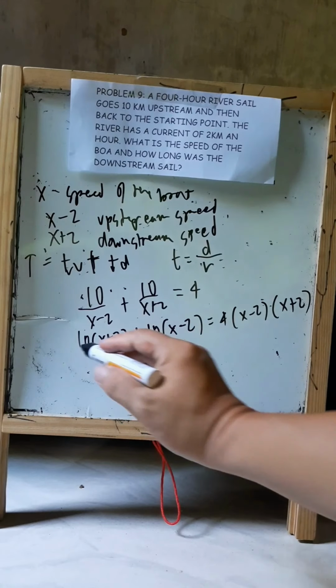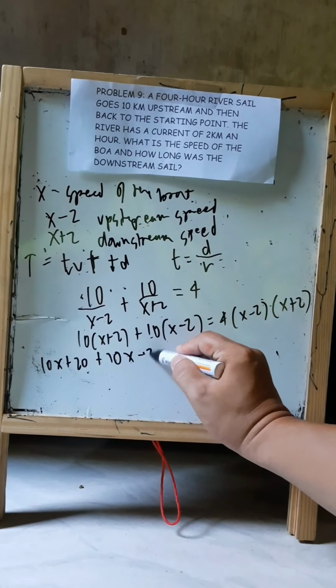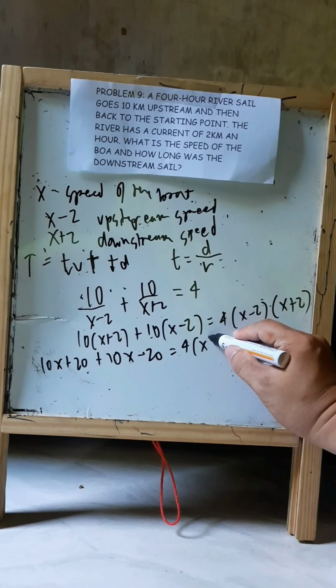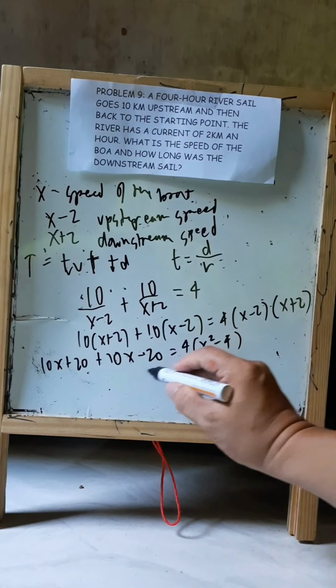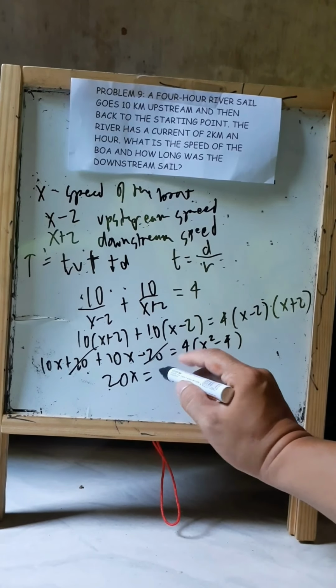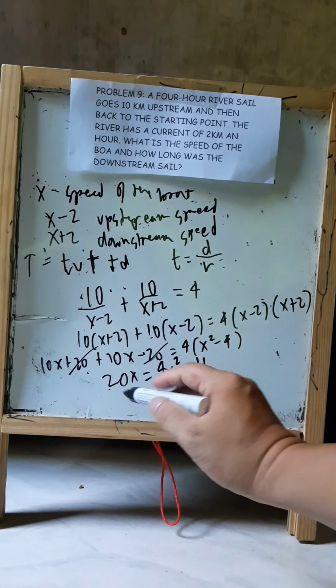So simplifying, we have 10x plus 20 plus 10x minus 20 is equal to 4 times x squared minus 4. We can now cancel 20. 20x is equal to 4x squared minus 16. Divide all terms by 4.